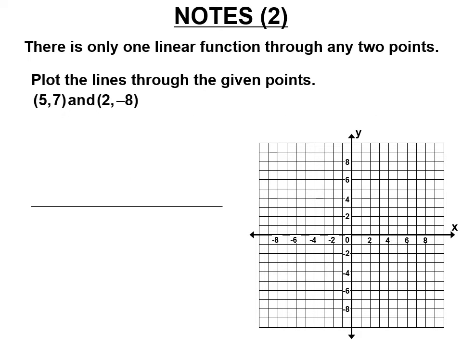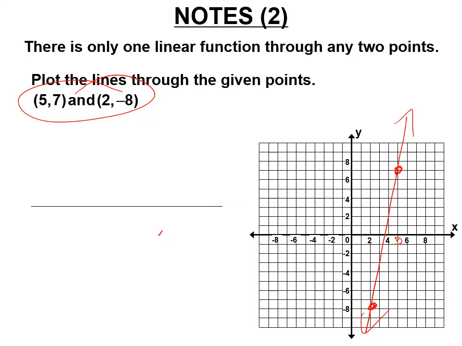All right. So let's understand this. So we were finding intercepts, but there is only one line through any 2 points. So make a little sketch and plot 5, 7, and 2, -8. All right, and then draw as many lines as you can that go through both of them. Well, that's a trick question, because there is only one line that goes through both of those points.